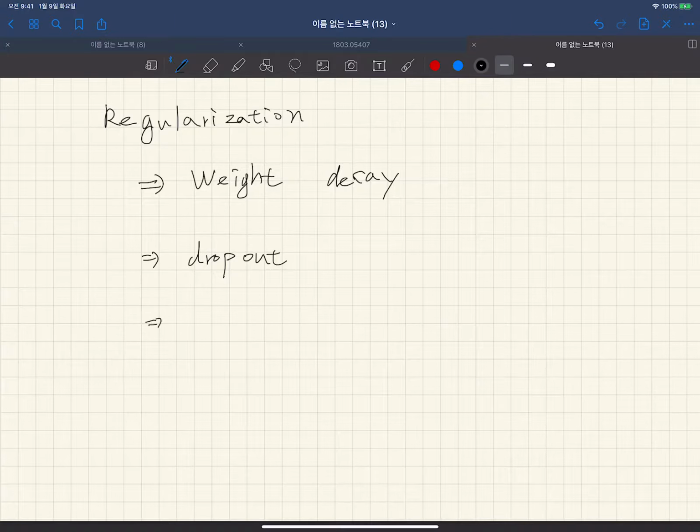I think batch normalization is also a generalization technique. Stochastic gradient descent is also a generalization method. Early stopping is also a generalization method, I think.